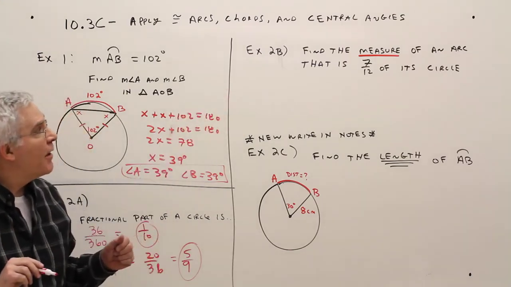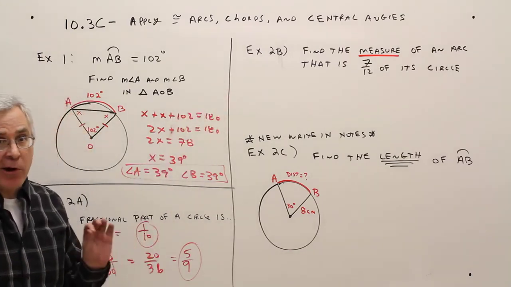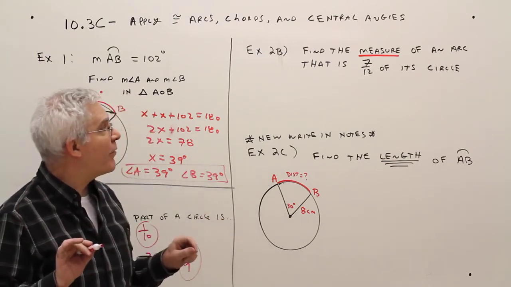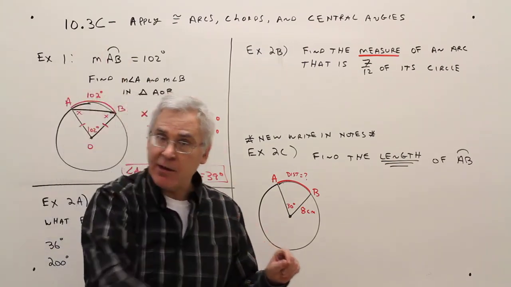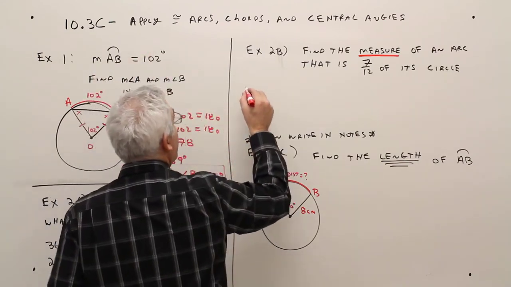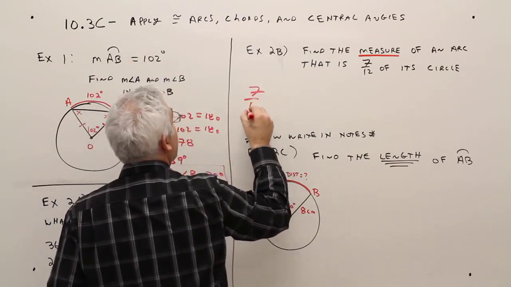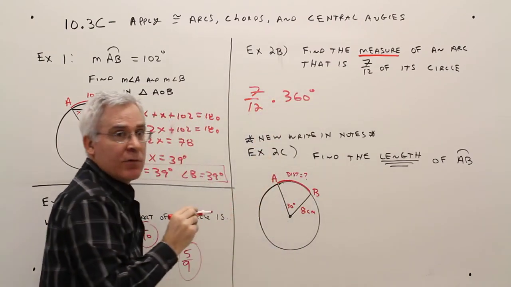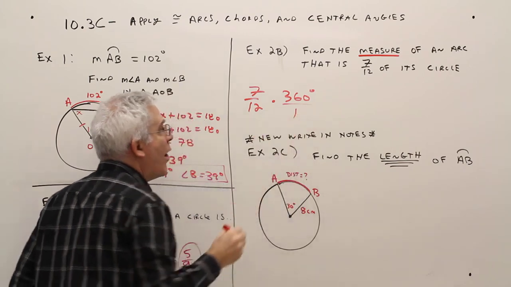Example 2b. Find the measure of an arc, so that's going to be in degrees, that is 7/12 of its circle. All right, once again, the whole circle is 360 degrees, so it would be 7/12 times 360 degrees. I could put that over 1.